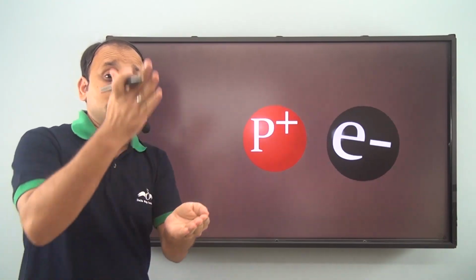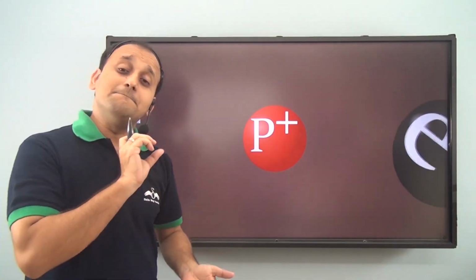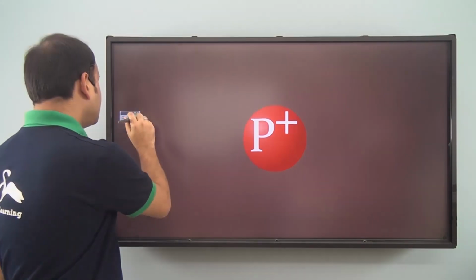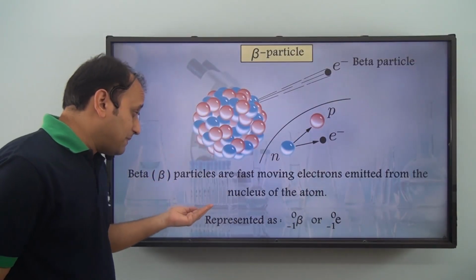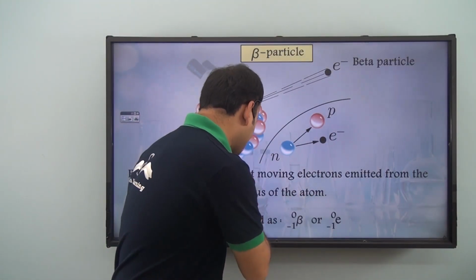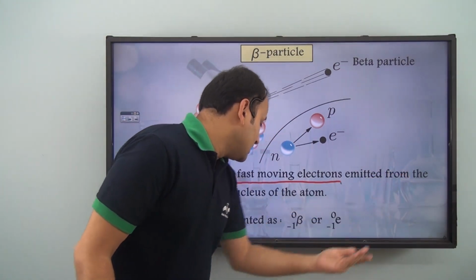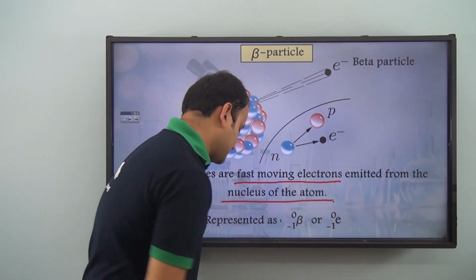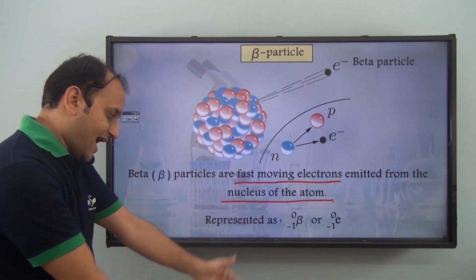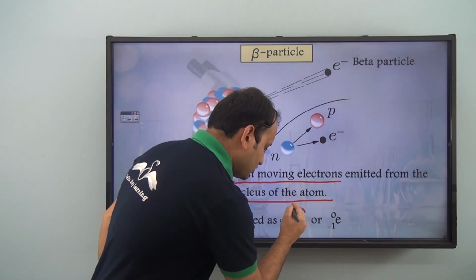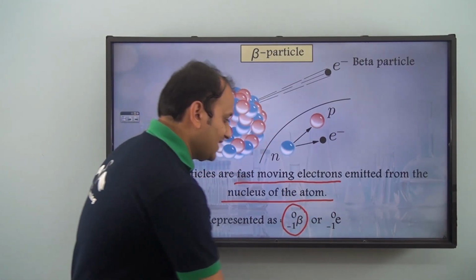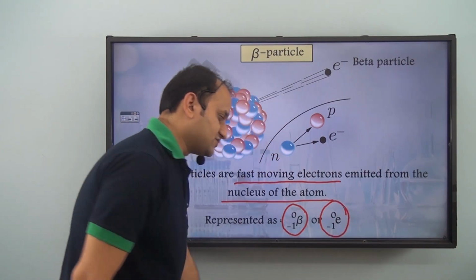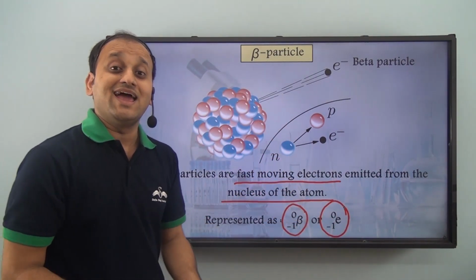In the same nucleus, the number of nucleons remains the same, just that one neutron transforms into a proton emitting a beta particle. So beta particles are fast moving electrons emitted from the nucleus of the atom, and they are represented as beta 0-1 or e 0-1, which is also used to represent an electron.